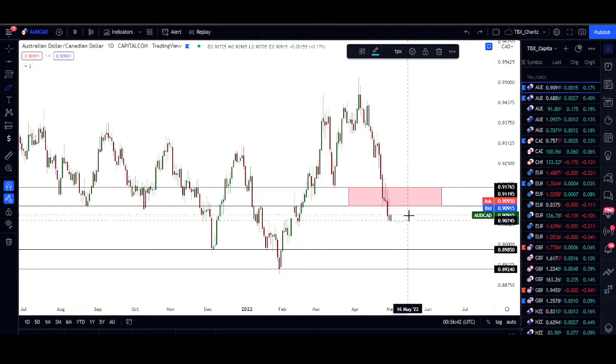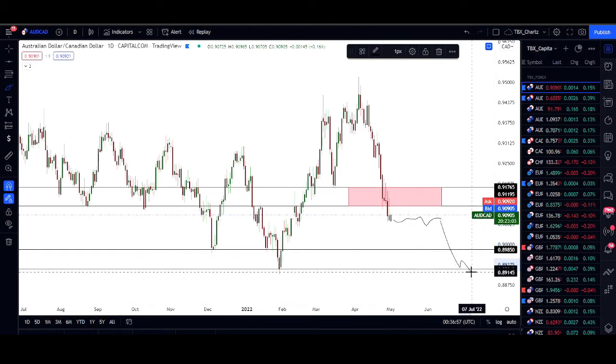Let's say price has been consolidating throughout this week. Then boom, during the NFP, price just fell into the zone without even testing the zone at all. What will I be waiting for? I'll be waiting for a price action pattern to sell to the upside.